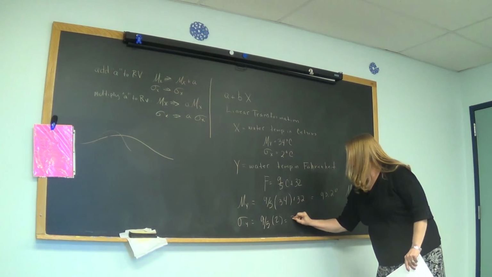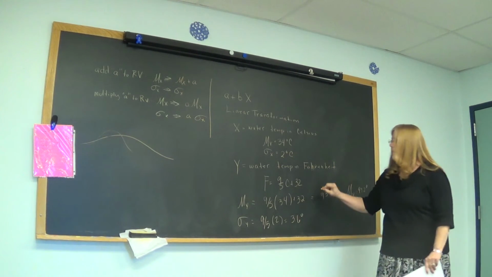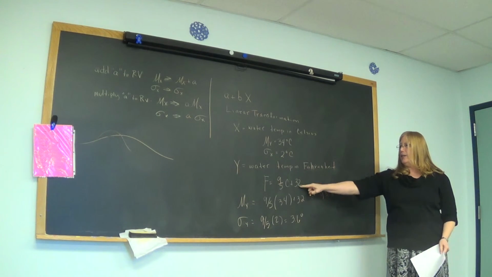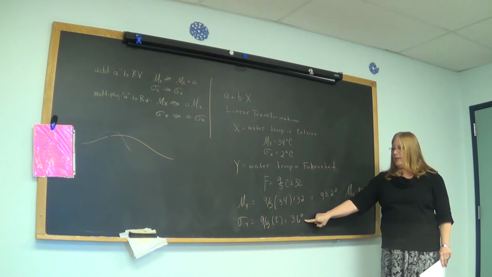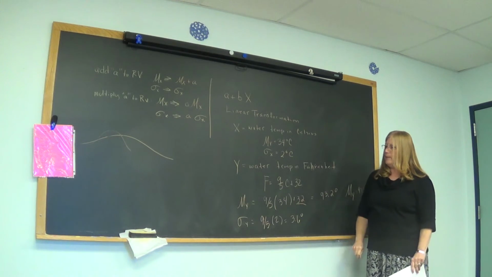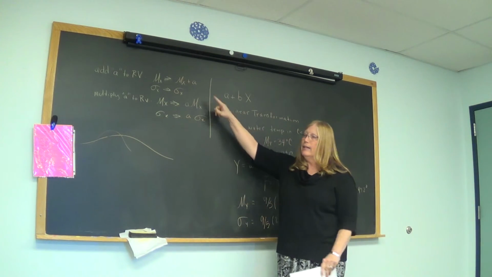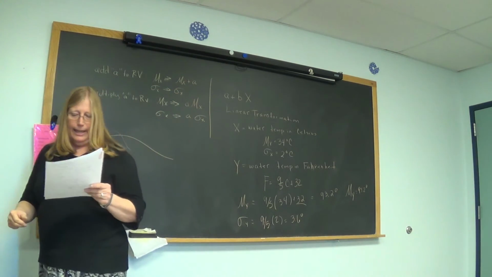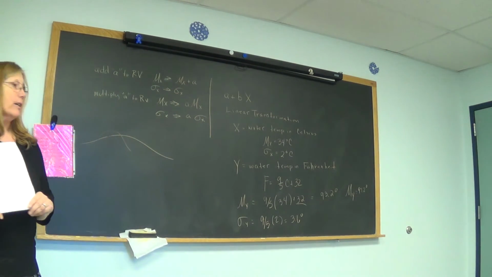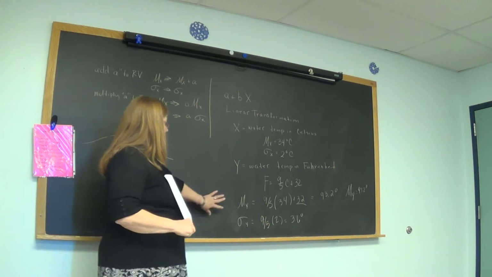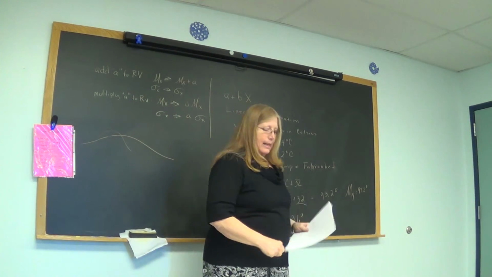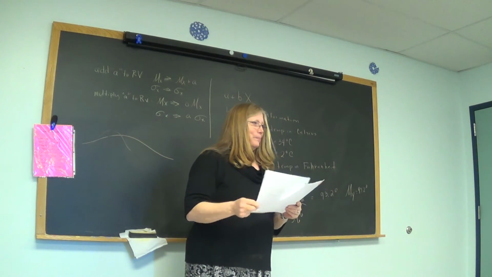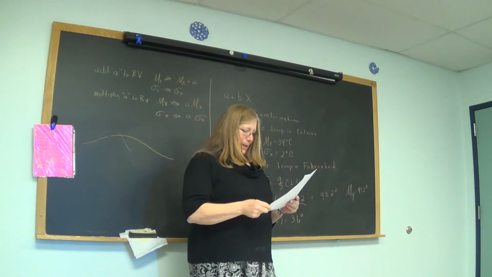Right. So note the difference between finding the mean, which is kind of what you would expect. You would just throw it in the formula, but the standard deviation is not affected by this plus 32 because of our previous discussion. There is one on the homework like that, so make sure that you have done it correctly. Look back on it now and see which number it was. You should be able to tell.